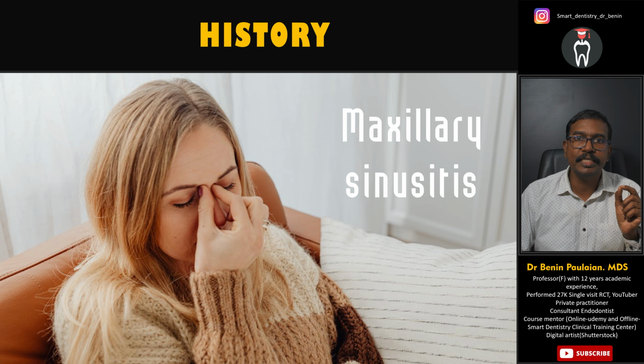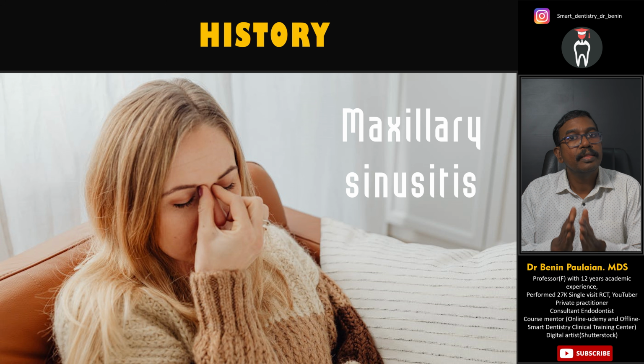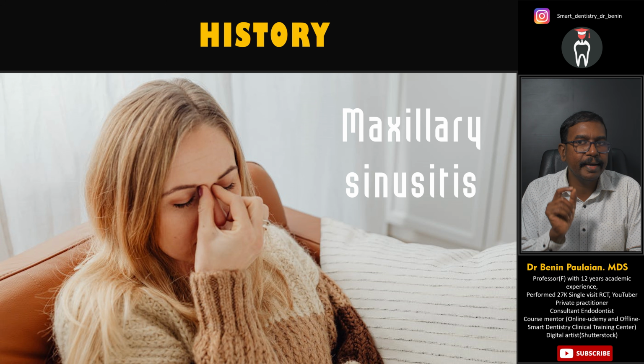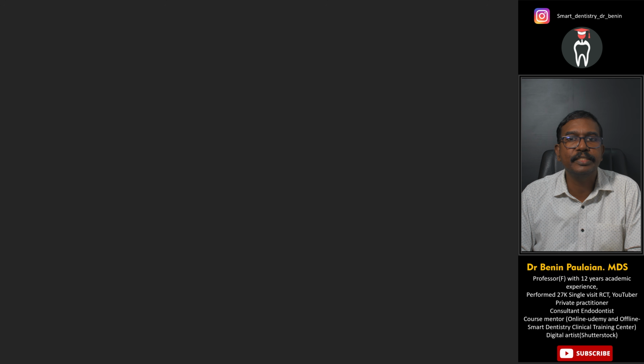But we should always suspect maxillary sinusitis whenever the complaint is from a maxillary second premolar or first molar, and the tooth is free of decay or old restorations, or the tooth is non-mobile and the patient is having pain. Always suspect maxillary sinusitis. Ask about the recent occurrence of a sinus infection or something like that, and we will be able to make a diagnosis. So never omit maxillary sinusitis.